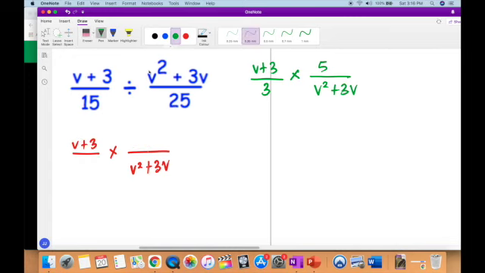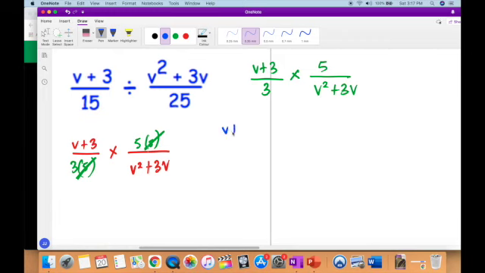Like this 15 is actually 3 times 5, and this 25 was actually 5 times 5. So what we did is we canceled these 5s, and that's how we got the 3 and the 5 remaining, because it's only the same thing that could get canceled off, even though it looked different. Okay. So is there any way that I could get v plus 3 to be down here? You can see this has a v and a 3 and this also has a v and a 3, so maybe something could happen.